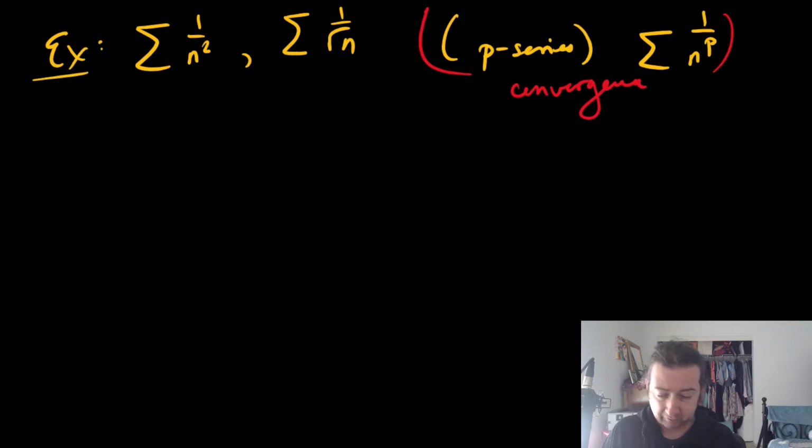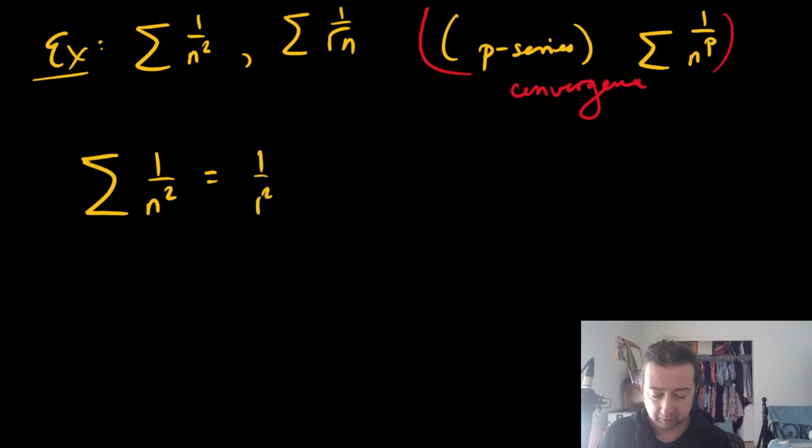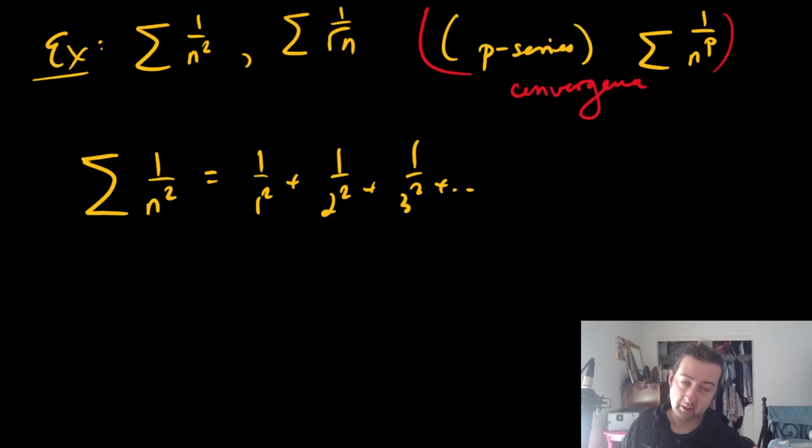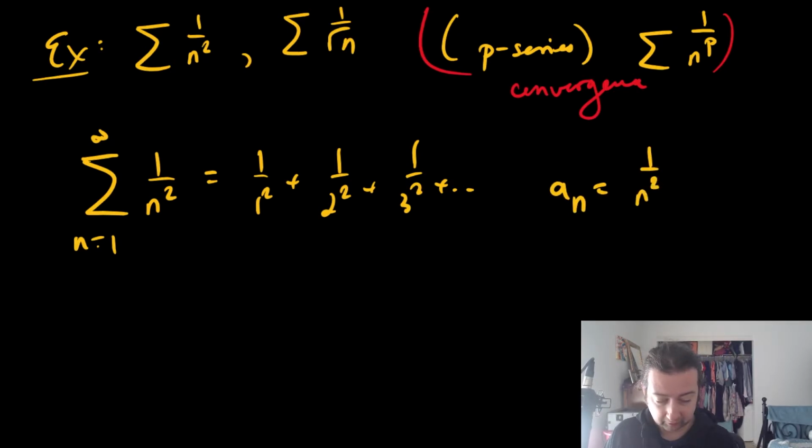So if we start by looking at, say, the sums of the reciprocals of the squares, so 1 over 1 squared, 1 over 2 squared, 1 over 3 squared, and so on, we can actually see, just from looking at the sigma notation, I guess here I should say n from 1 to infinity, that the nth term a_n is determined by this 1 over n squared, but really we can think of that as f of x.